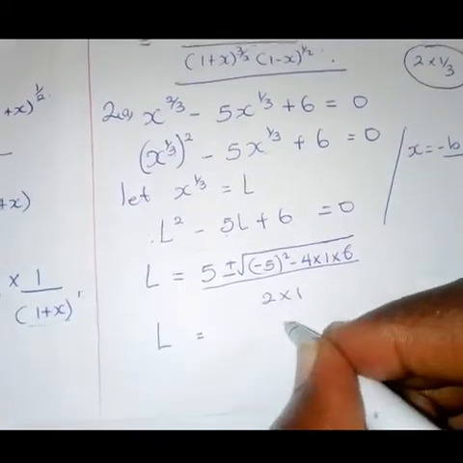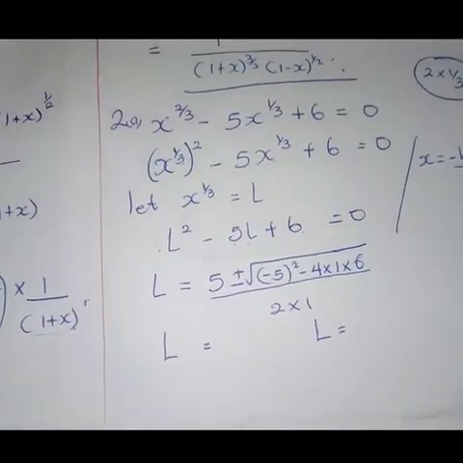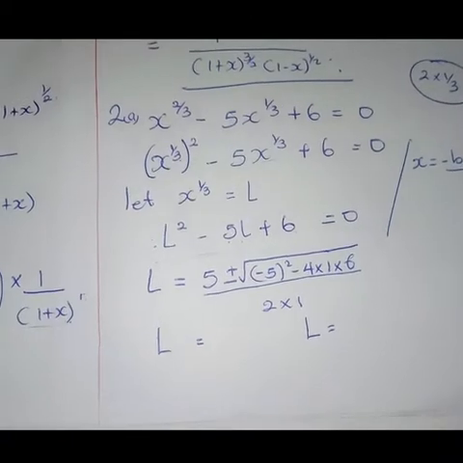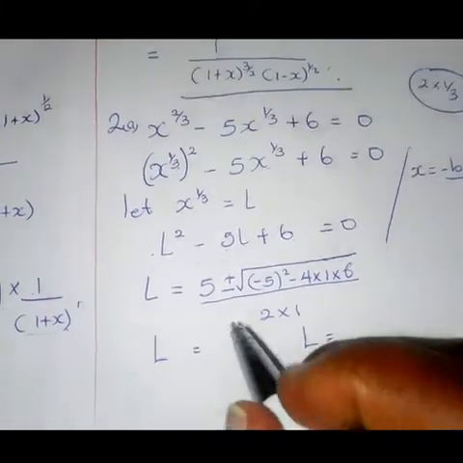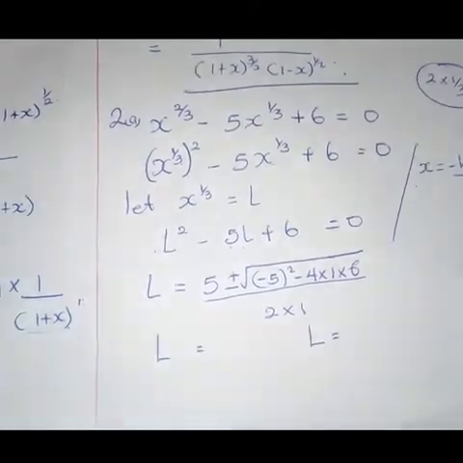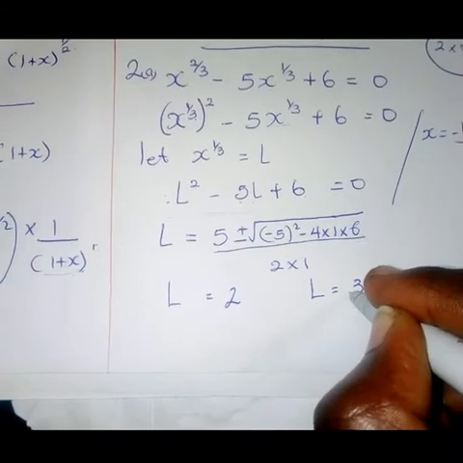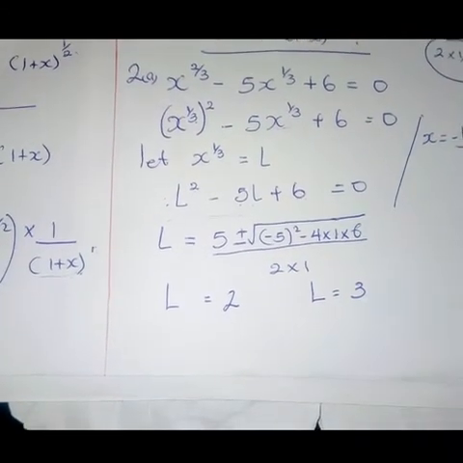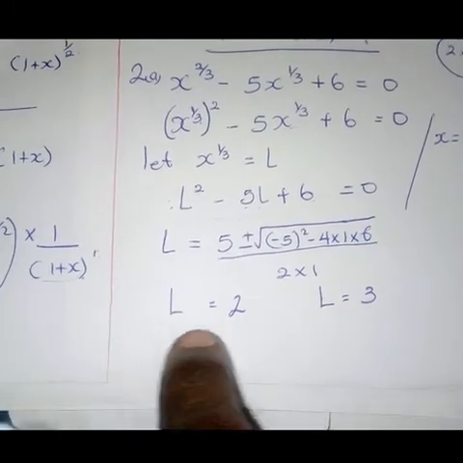So we're just going to write here our values of L. So the two values of L that we are going to get from there are 2, and then 3.